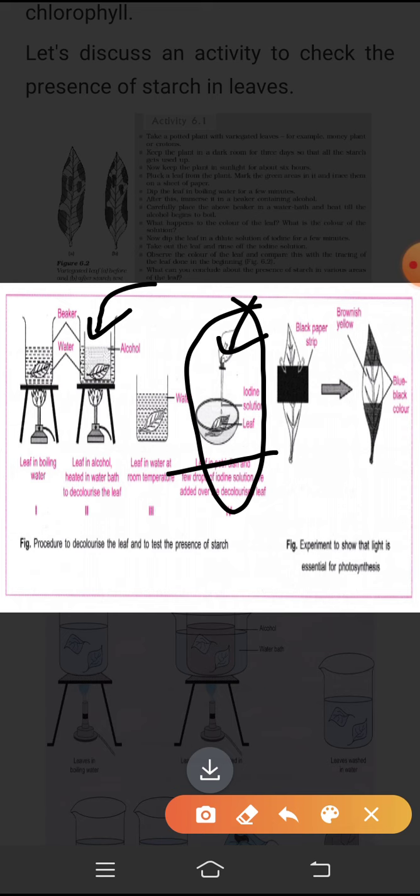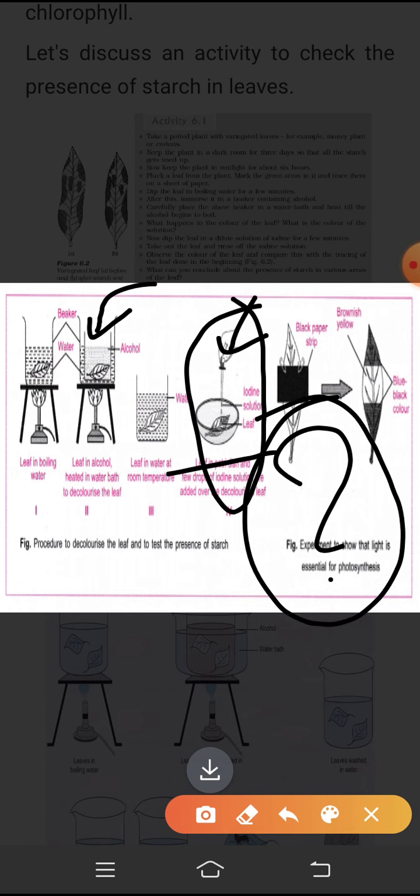Now you may have a question in your mind: why is only iodine used to test the presence of starch? Because iodine is added as an aqueous solution, for example an aqueous solution of potassium iodide.